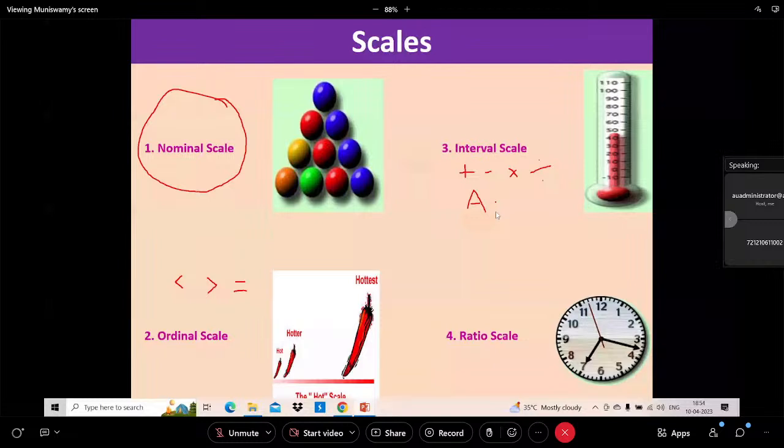Interval is measurable data, whereas height is measured in centimeters, age in years, weight in kilos. That type of data, you go for the interval scale. The ratio scale is also used, for example 7 feet, 6 feet, what is your height? That type of data, you go for ratio scales.